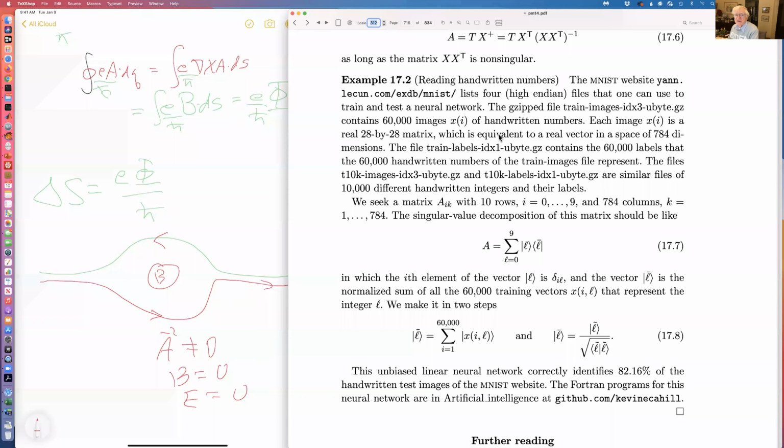And then there are 60,000 images of handwritten numbers. And each one is a 28 by 28 matrix. So in other words, you've got 28 pixels that way and 28 going this way.